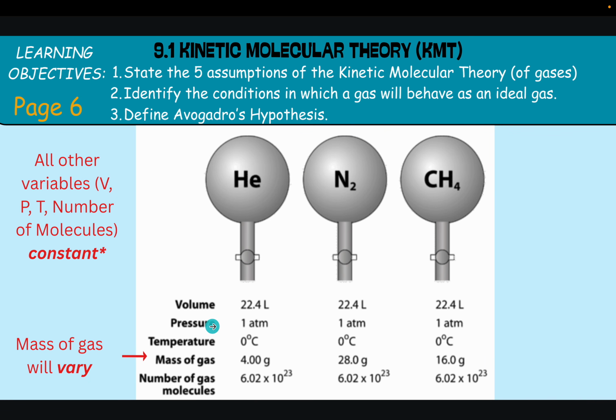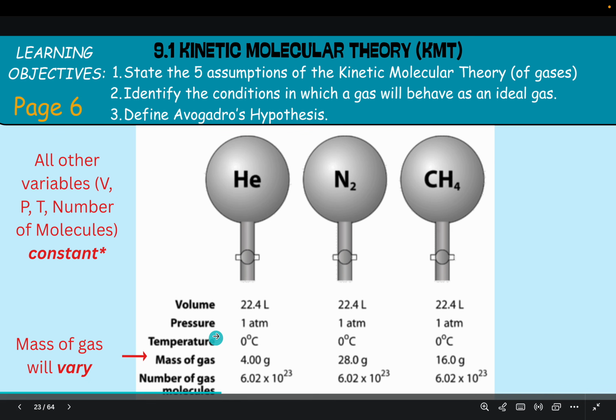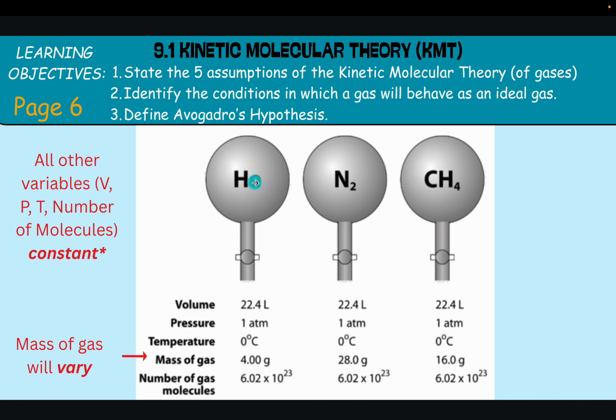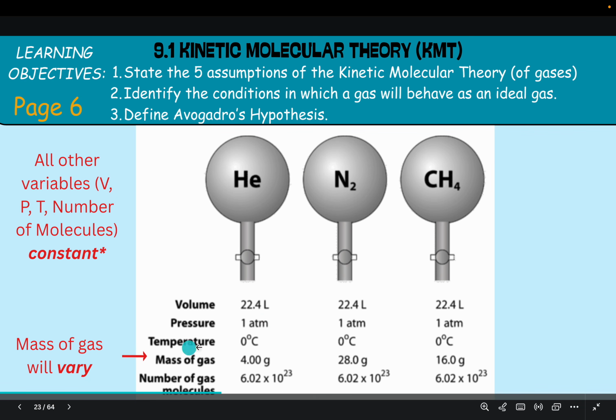So the volume, pressure, and temperature are all the same for these gases. And even though their masses will vary, right? Helium will be a lot lighter than methane and nitrogen. It doesn't matter. Because their volume, pressure, and temperature are the same, the number of gas molecules contained here is going to be exactly the same.